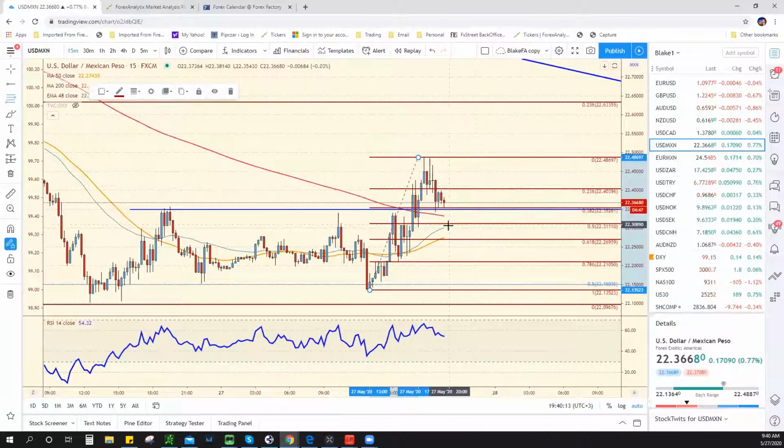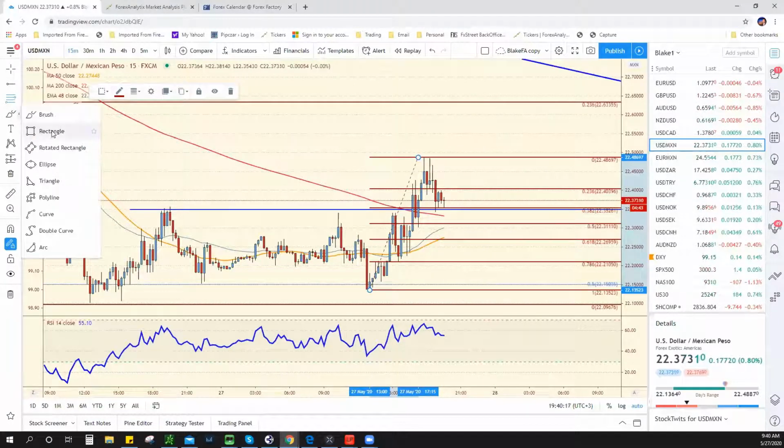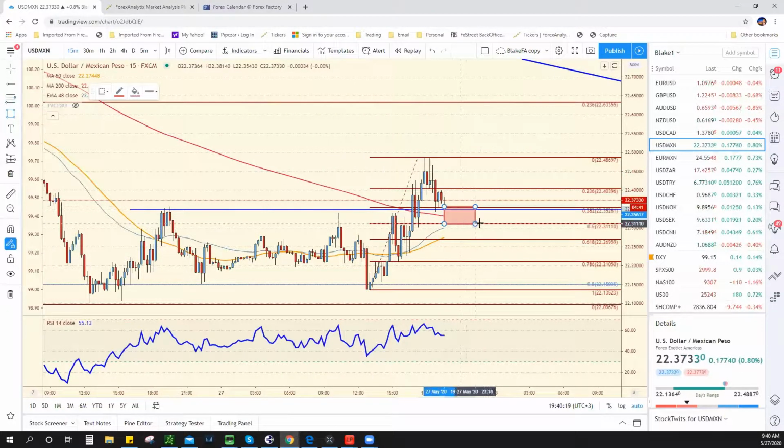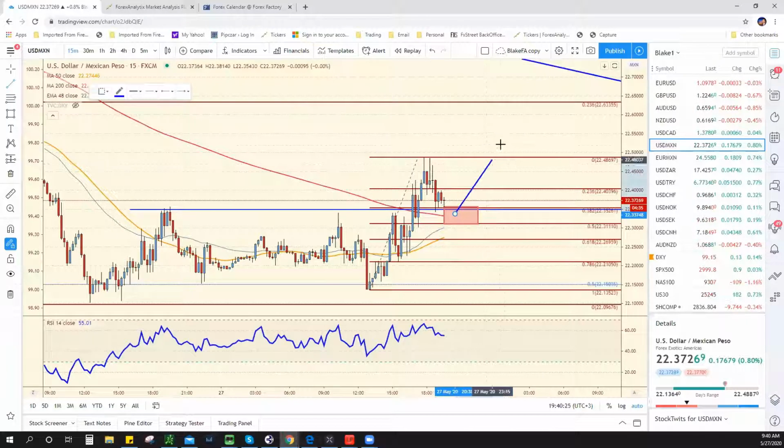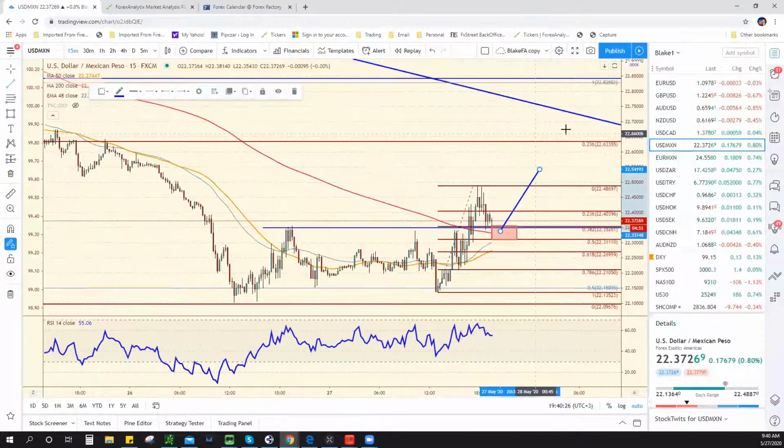So 22.35 and 22.31. I think this is the buy zone for the US dollar Mexican peso for the next leg higher. Right, something that looks like this, as we push up towards trend highs, and then we'll reverse somewhere up here, I'm assuming in the next day or two. But that's how I'm playing the US dollar Mexican peso right now.